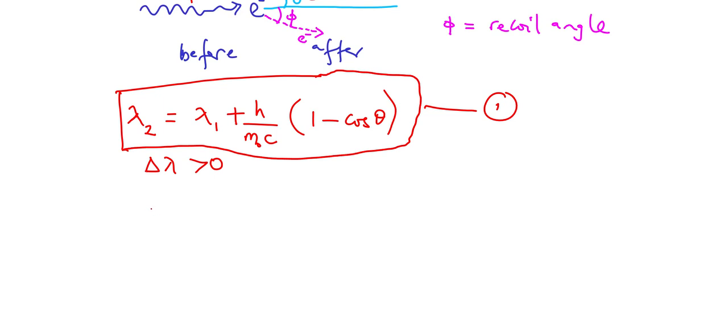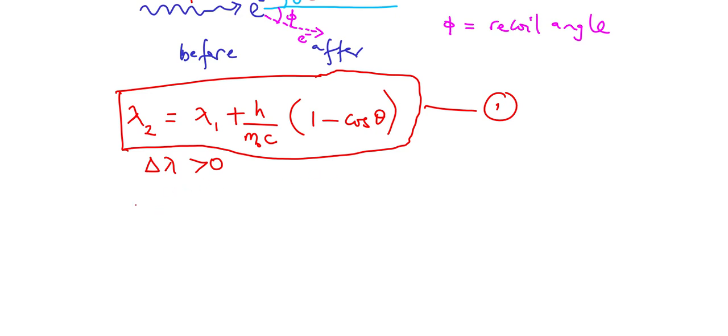Now, what are the values the change in wavelength can take? We said it must be greater than 0 for us to have the Compton effect. So what is the range of values it can take? We have to start from the range of values cos theta can take.